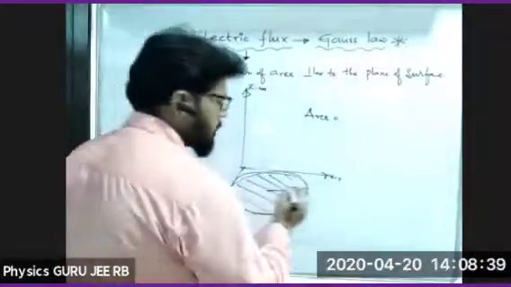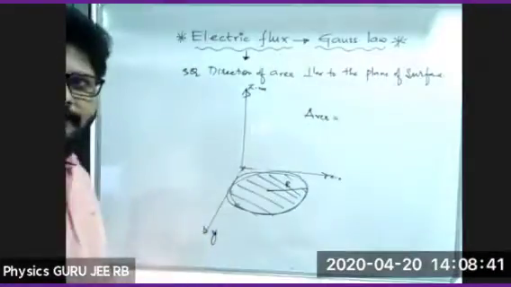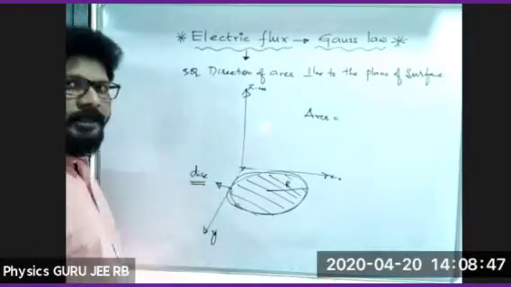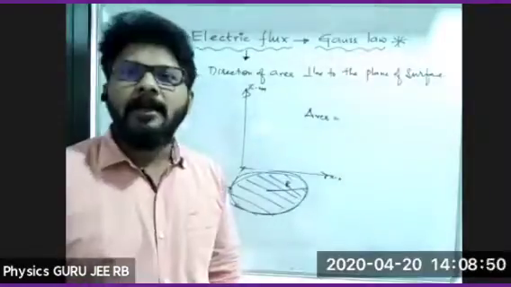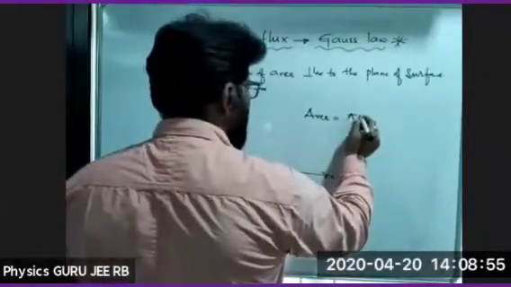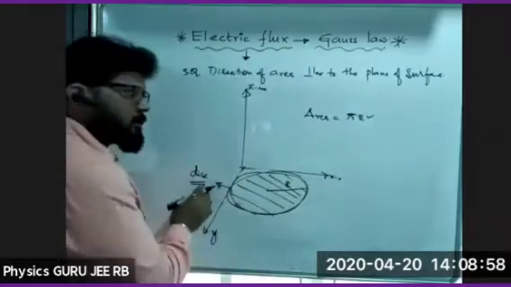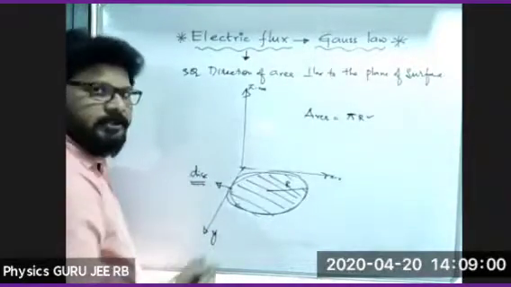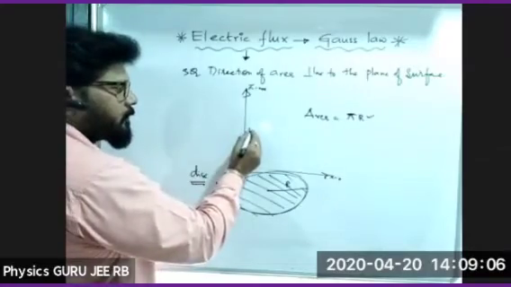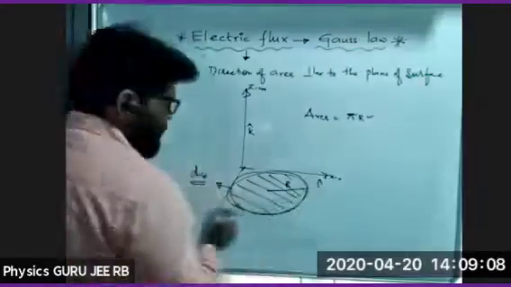Let us take the radius r. It's a 2D disk. What is the area of the disk? Pi r square. Very good. So the area of the disk is pi r square. Now direction, which direction is that? This is k cap, this is i cap, and this is j cap.